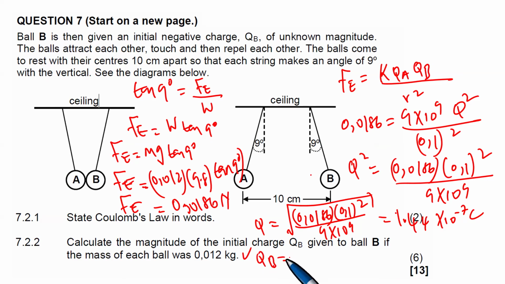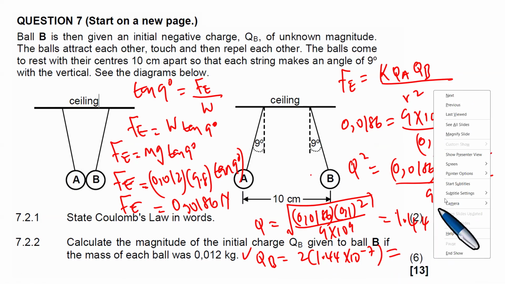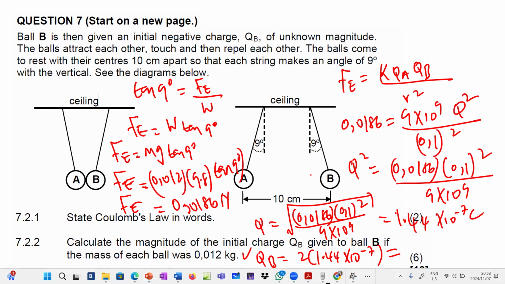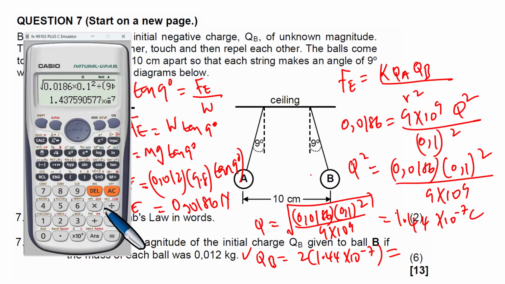Which means QB is 2 times 1.44 times 10 to the minus 7 coulombs. So you multiply these things, and then you multiply this by 2.